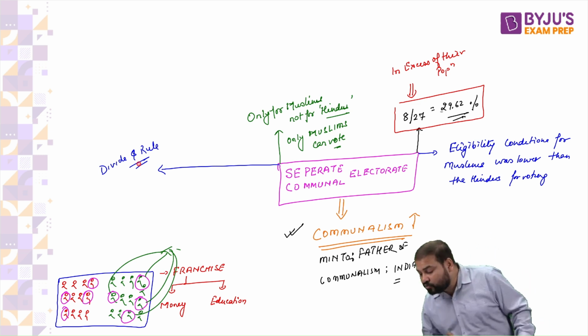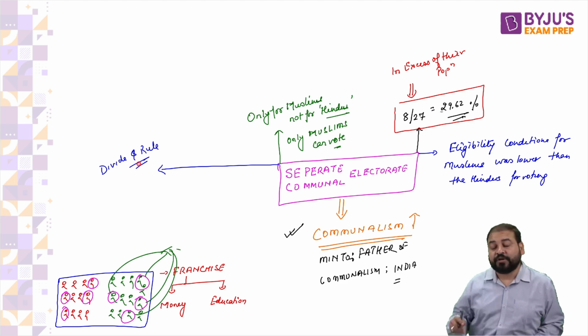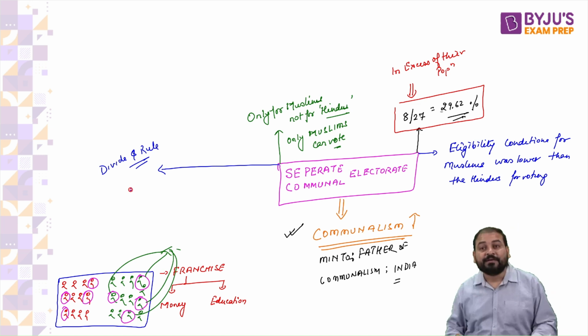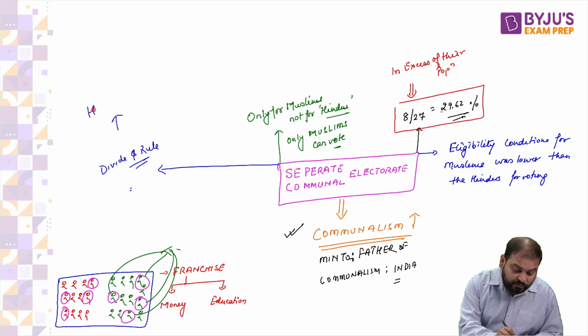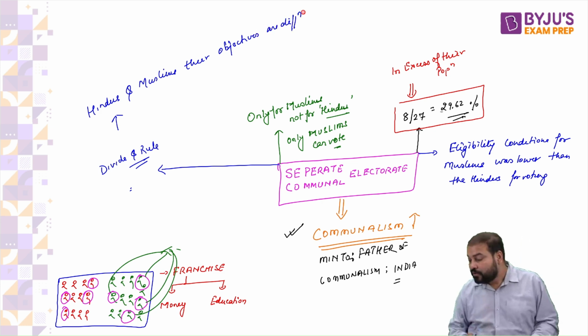They are trying to show that Muslims cannot progress if the Hindus are their leader, and that the Hindus and Muslims have different objectives.